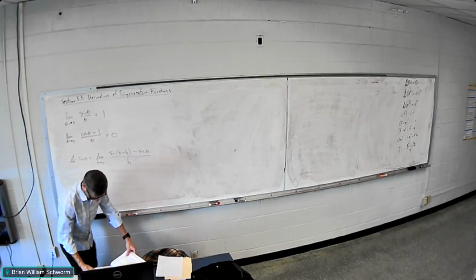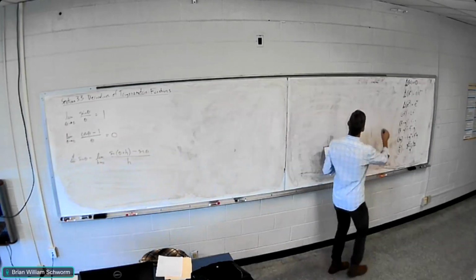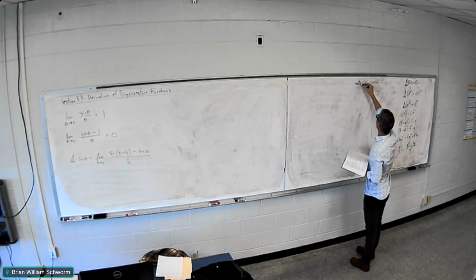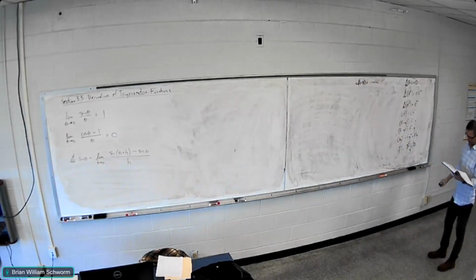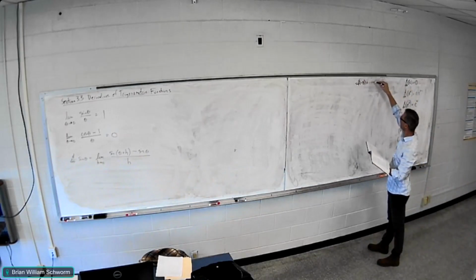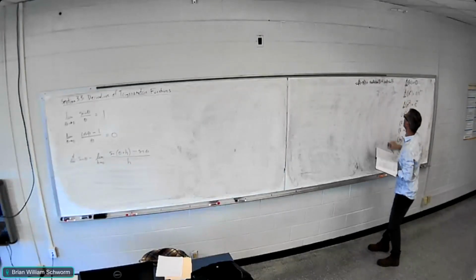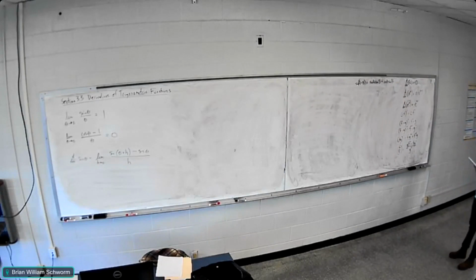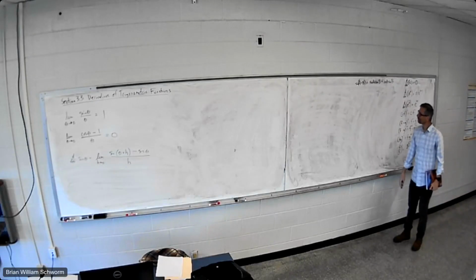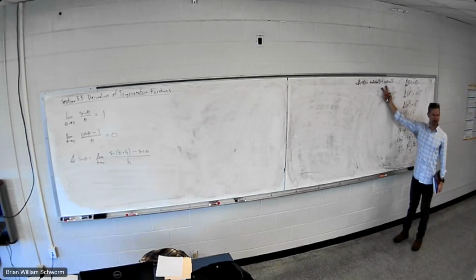It says, if you've got the sine of A plus B, you could rewrite that as the sine of A times the cosine of B plus cosine A sine B. If you remember from trigonometry, there's actually a handful of formulas like this.